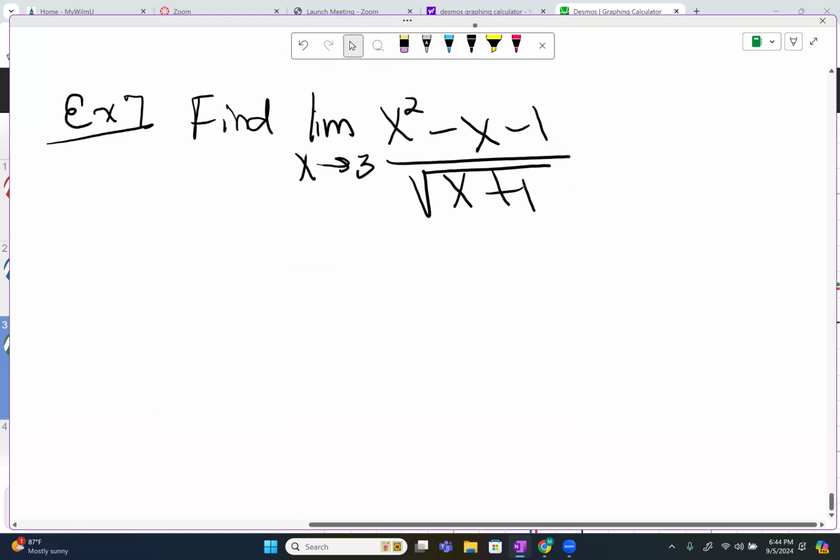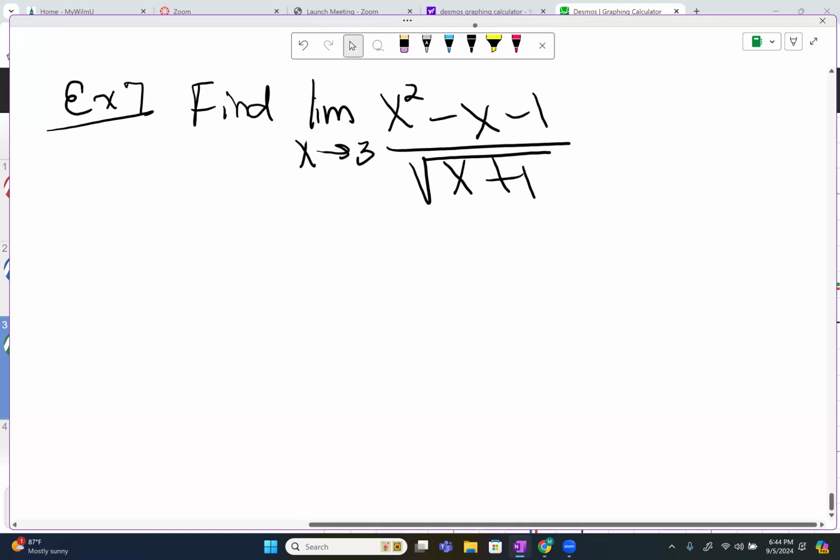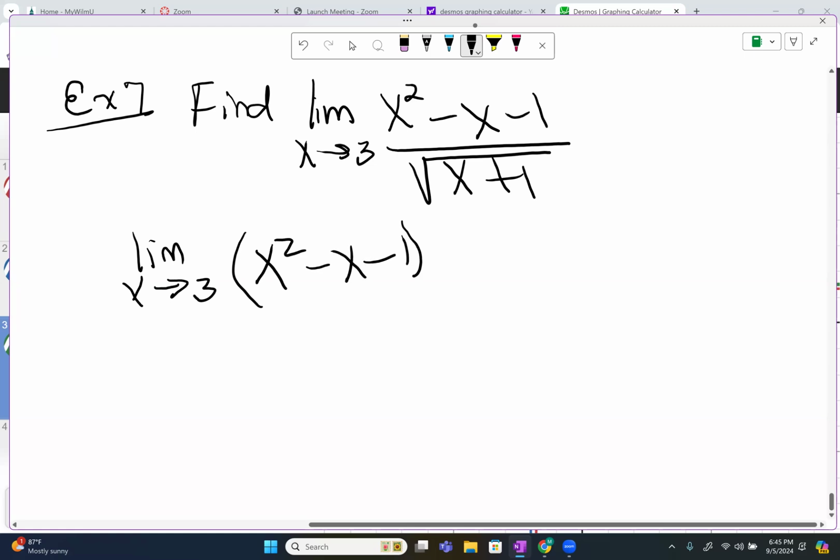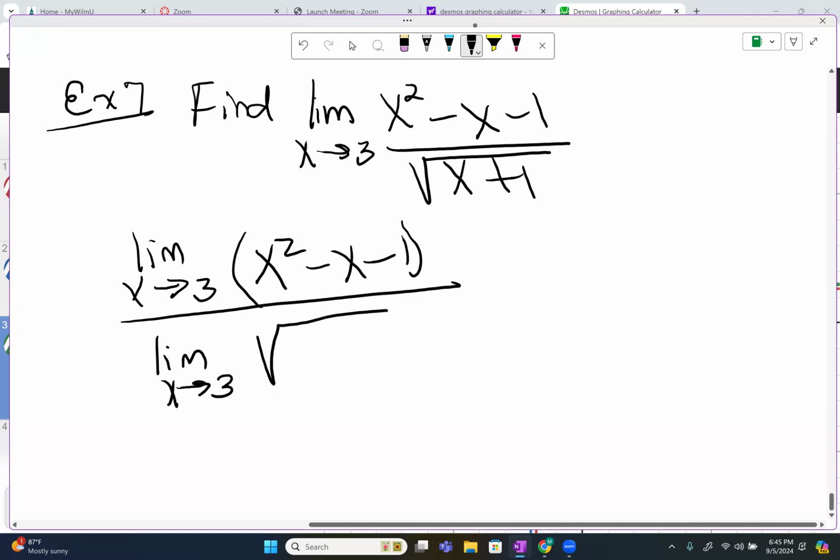So what you do here is you start with the limit as x approaches 3 of the numerator, x squared minus x minus 1, over the limit as x approaches 3 of the square root of x plus 1.